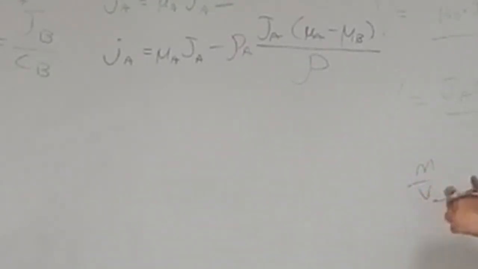It's the mass of A over the total volume, divided by the total mass over the total volume. Well, these two volumes are going to cancel, right? So that leaves us with the mass of A over the total mass.